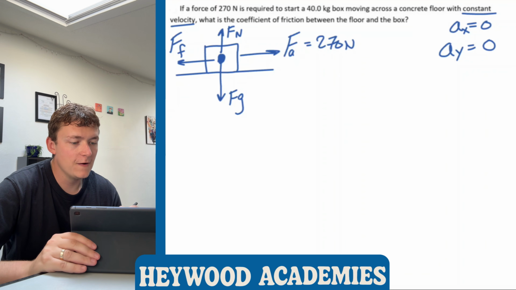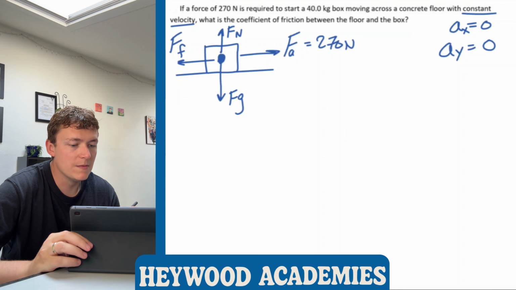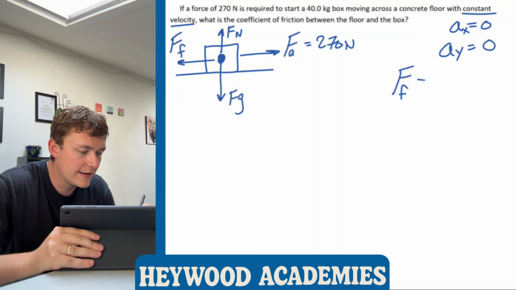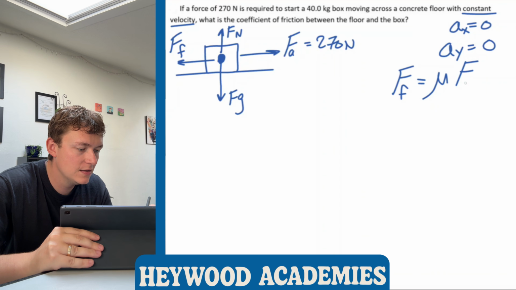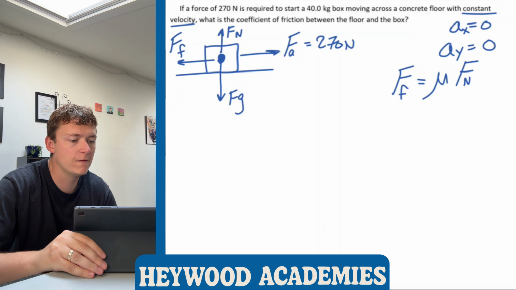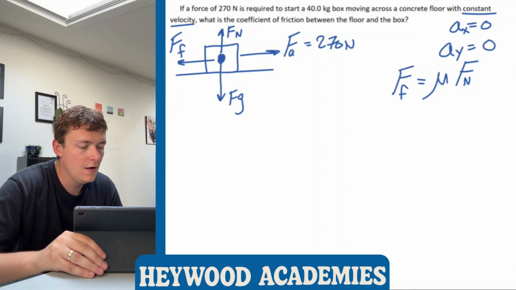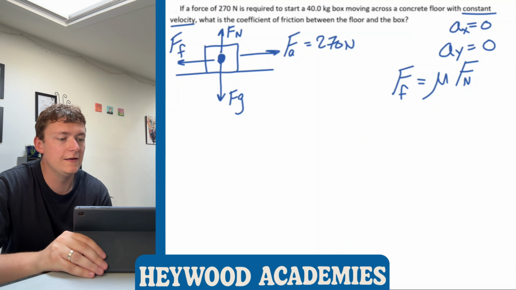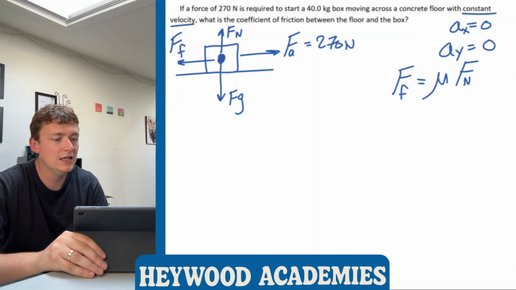Our goal here is to figure out the coefficient of friction between the floor and the box. So the other equation we're going to have to use to sort that out is that our friction force is going to be our coefficient of friction times our normal force. It's usually an equation that's on a formula sheet that we can use. For this one, we're going to need to solve for the normal force before we can figure out what that coefficient is.